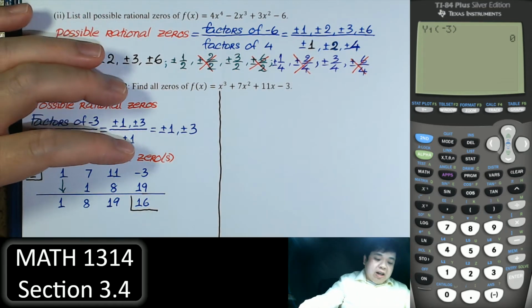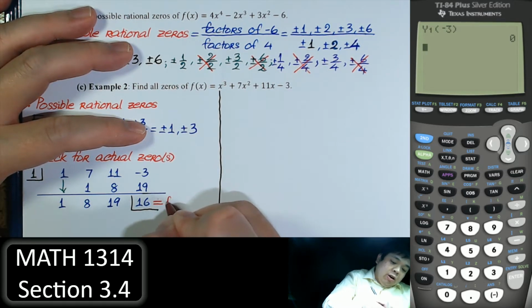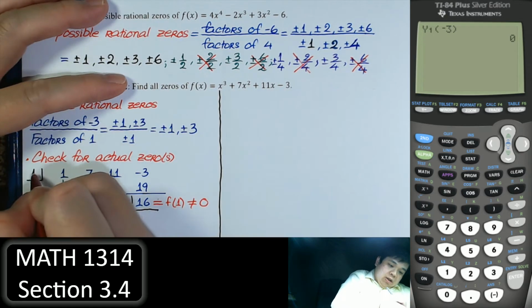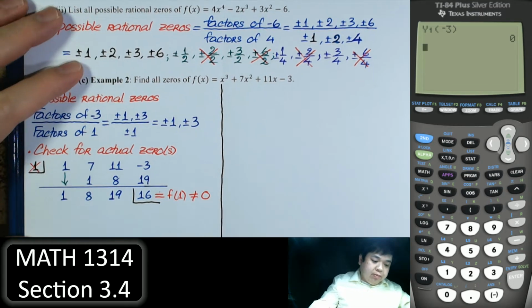Now, the previous section says this is equal to the value of the function, but that's not equal to 0. So this is not a zero, meaning 1 doesn't work. We have to try something else.